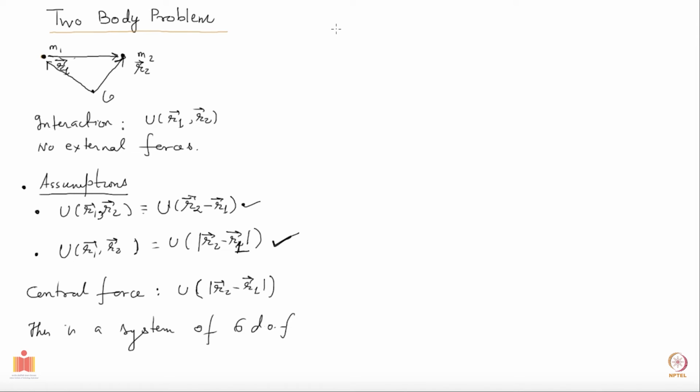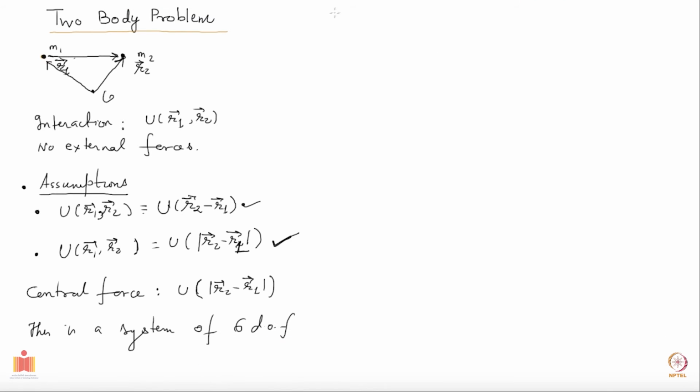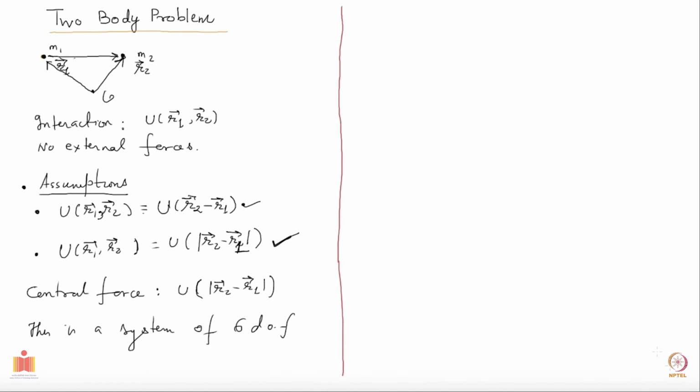So what's the Lagrangian of this system? It's easy to write. It's just the kinetic energy minus the potential energy, and we have already written down the form of the potential energy.